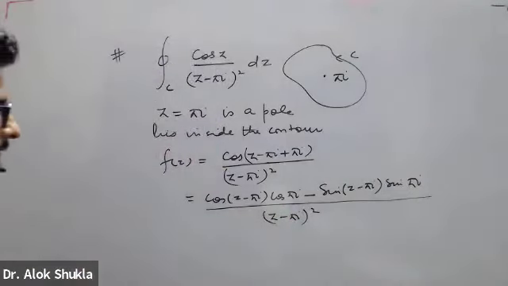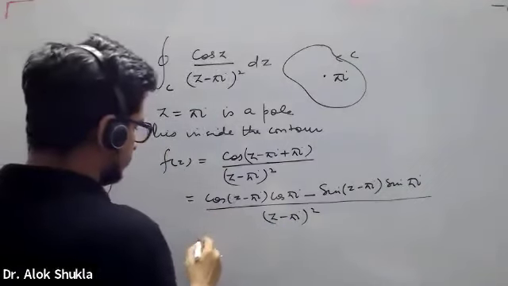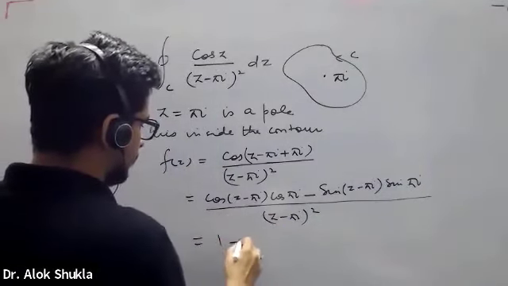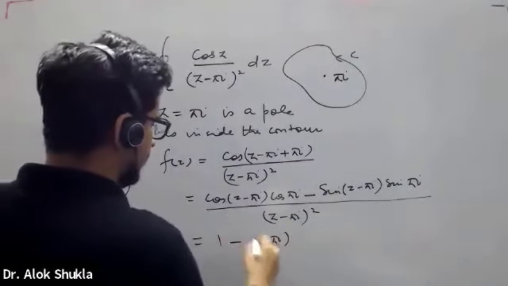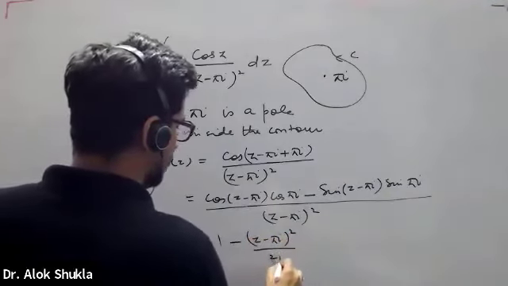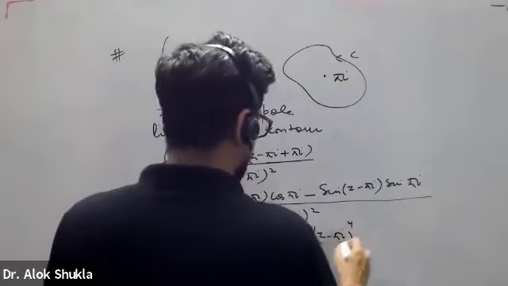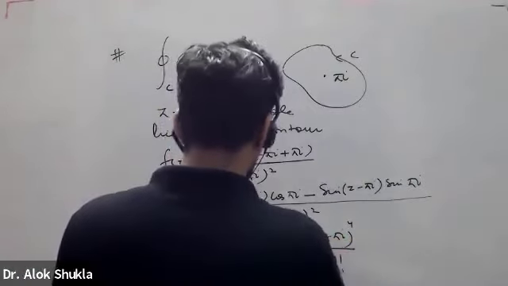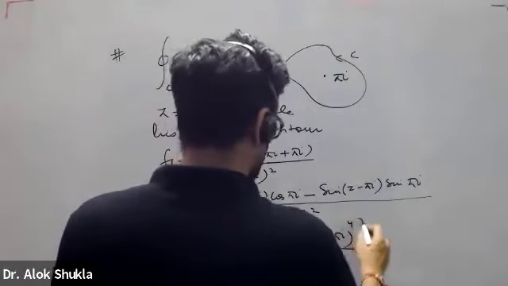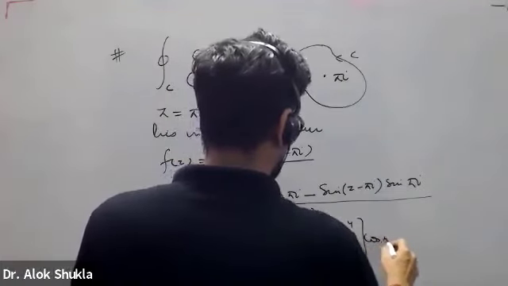So what is the formula for this? 1 minus (z minus pi i) square by 2 factorial plus (z minus pi i) to the power 4 by 4 factorial, into cos of pi i.